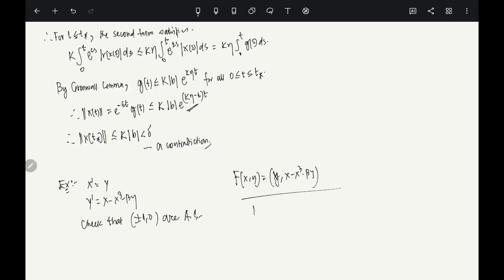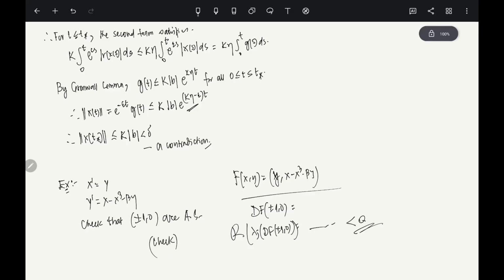Find out what df is and what the b star is here. Once you do it, you can talk about the eigenvalues of df at plus minus 1, 0. Write down the eigenvalues. If the real parts of those eigenvalues are negative, then you can use this theorem to conclude asymptotic stability. Is it okay? So please check this part yourself, and with this, I am going to end this video.